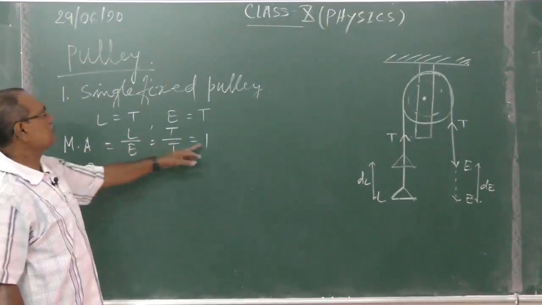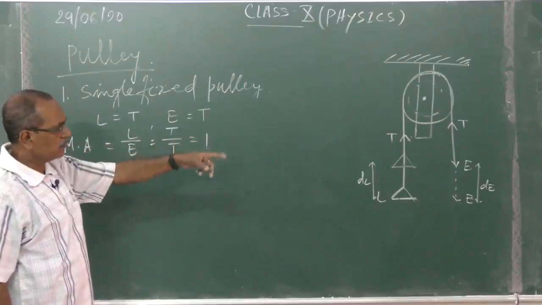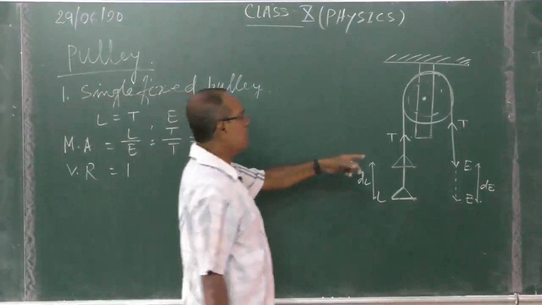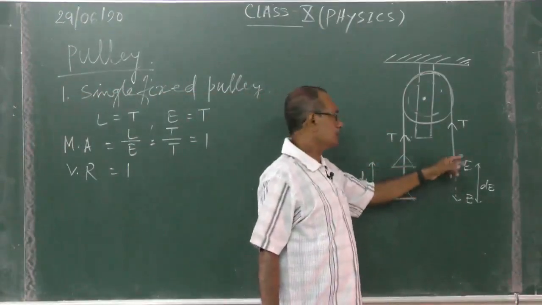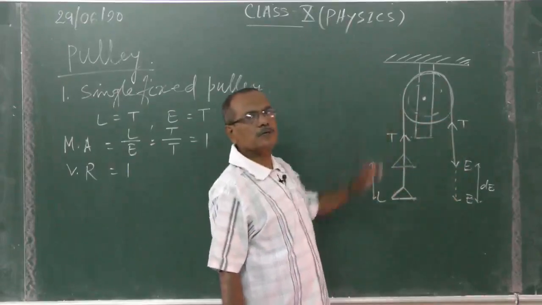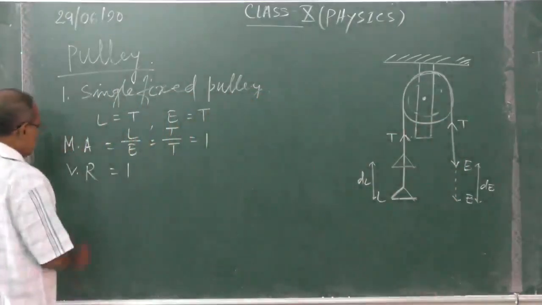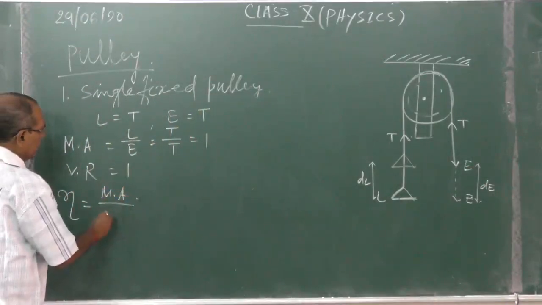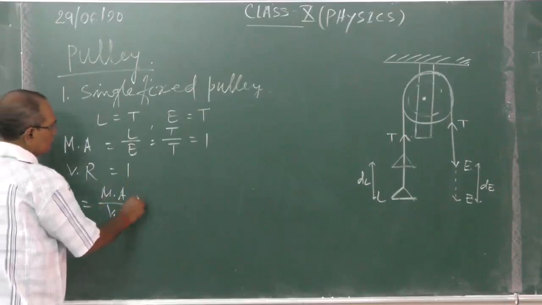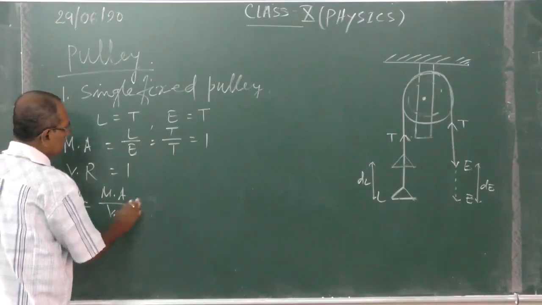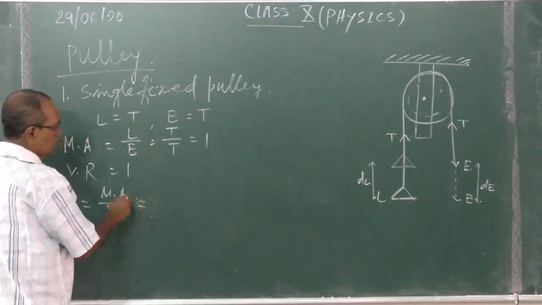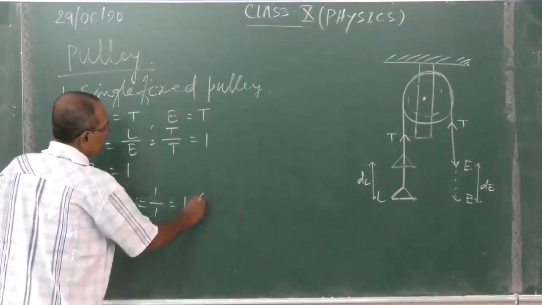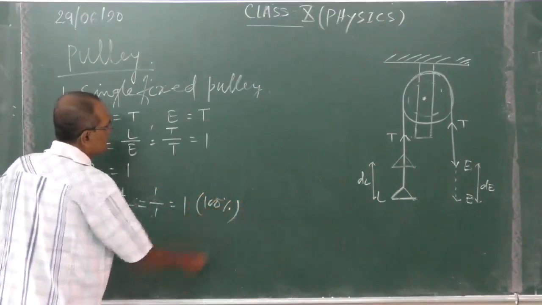The mechanical advantage for the machine is coming 1, so what happened? We are changing the direction. We are applying effort in a convenient direction. It is coming downward, it is going upward. So therefore, efficiency is equal to MA by VR, since MA equals VR, so 1 by 1 is equal to 1. Or if we find in percentage, 100%.